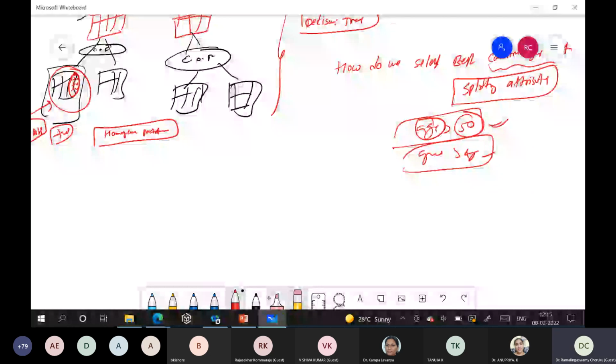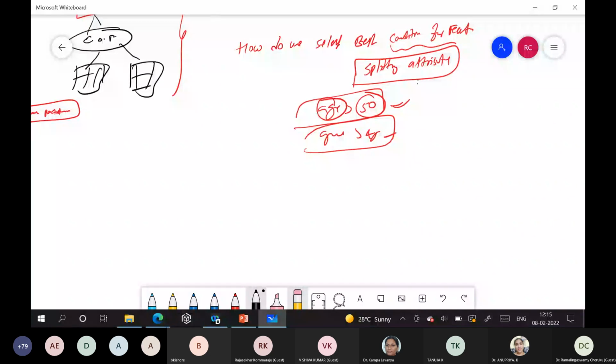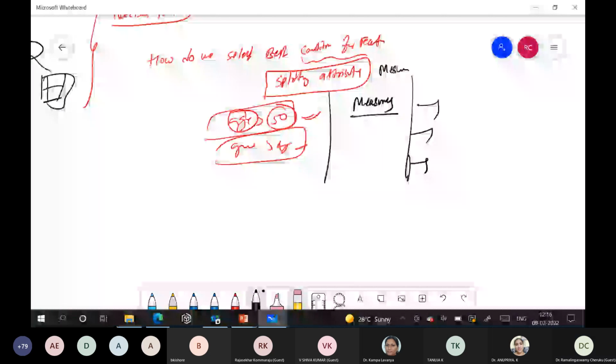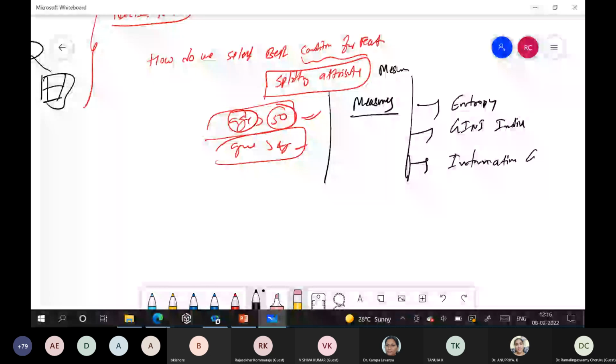For that we require some measures, called splitting attribute measures. We have a few such measures: entropy, Gini index, and information gain.